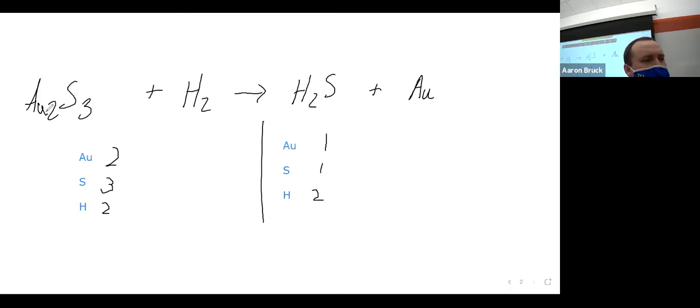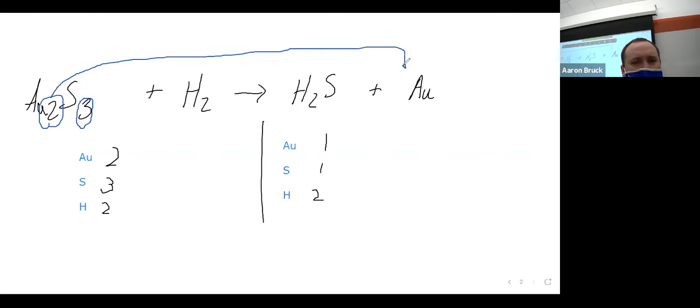This is another place where that subscript-to-coefficient trick will come in handy. I'm going to take the 2 over here to the gold. I'm going to take the 3 over here to the hydrogen sulfide. Now I'll change my product numbers accordingly. I've now got 2 gold, 3 sulfur, and 6 hydrogen.